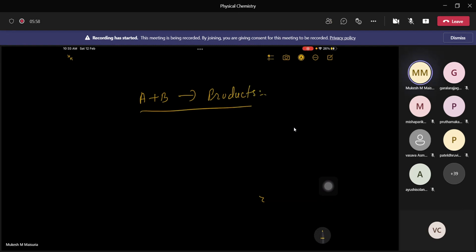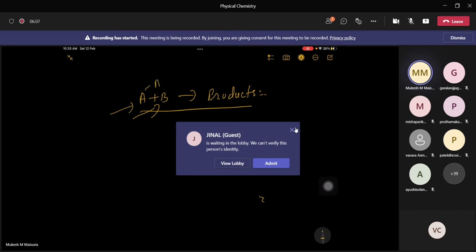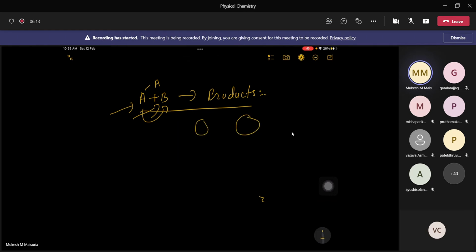Considering these two molecules, sometimes the same or different, we have considered different ionic radii and properties of the reactant molecules. On the basis of these we discussed the collision theory and transition state theory.